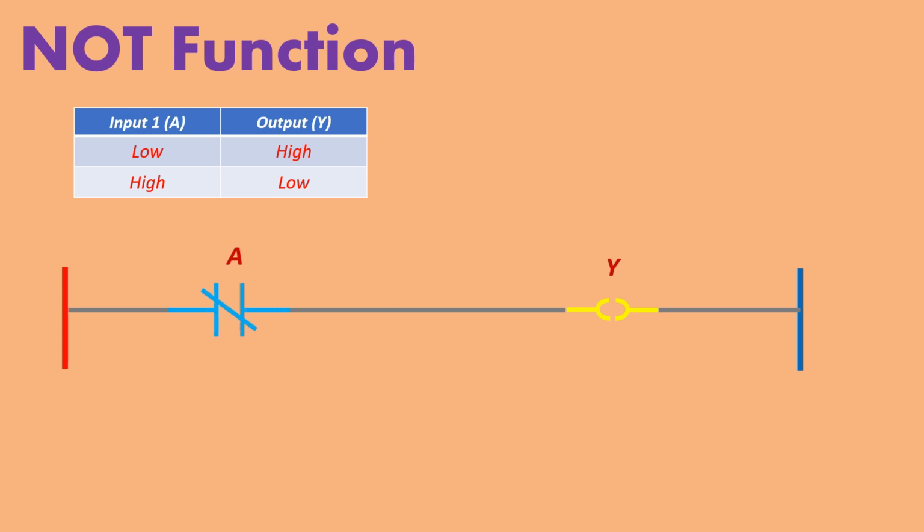When this relay is not energized, the contact is closed, and when energized, the contact becomes open. So in the first case, A is not energized, so the contact is closed and current passes through, thus energizing the coil. When A is energized, the contact opens and breaks the circuit and the coil becomes inactive.